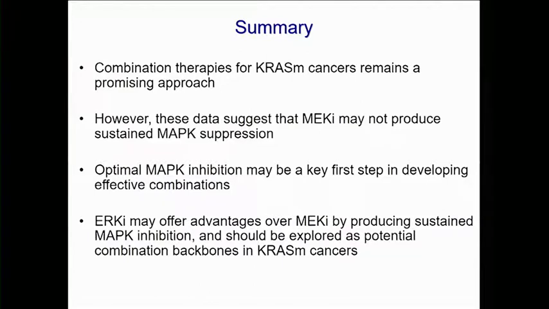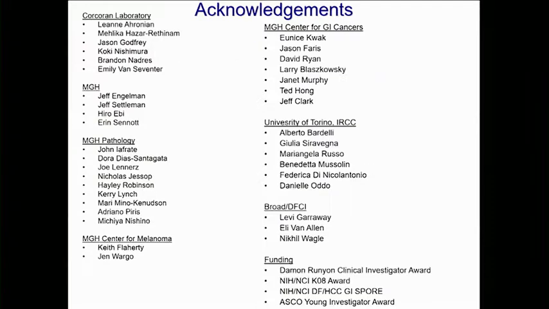While there are several potential approaches, pan-RAF inhibitors, ERK inhibitors, or perhaps even newer, next-generation MEK inhibitors, our data at least suggests that ERK inhibitors, which are currently in clinic, may offer some advantages over MEK inhibitors by producing more sustained MAP kinase inhibition and being less susceptible to upstream reactivation of the MAP kinase pathway. These data warrant that ERK inhibitors should be explored as potential kinase backbones to inhibit the MAP kinase pathway in KRAS mutant cancers. So I'll stop there and take any questions.